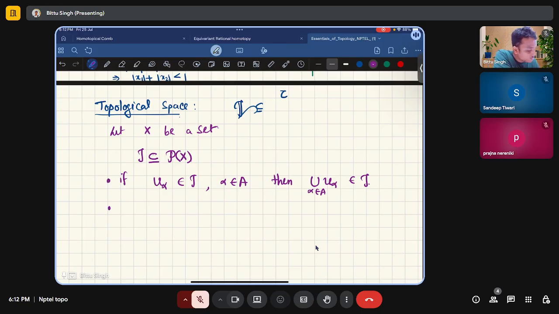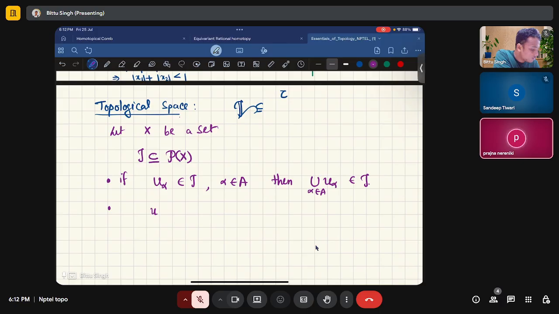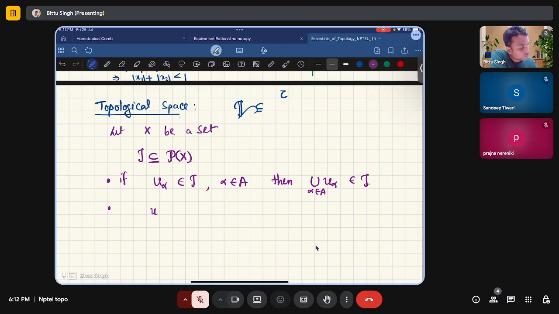And the second one is... Excuse me, sir, what do you mean by arbitrary set? Okay, by arbitrary I mean arbitrary union. Here we are not taking the union over a finite set or a countable set. We can take any index set.